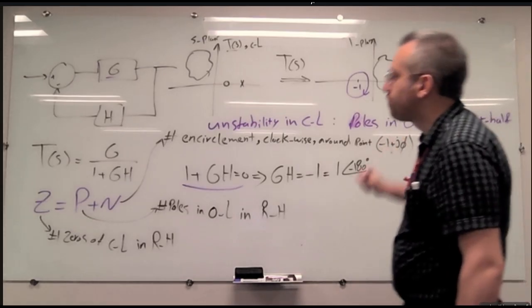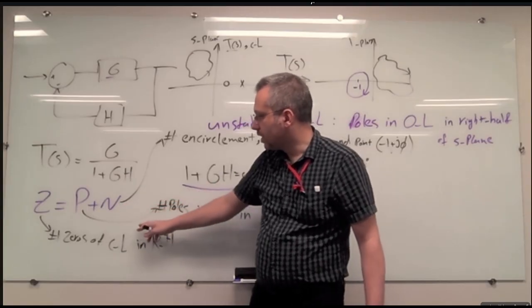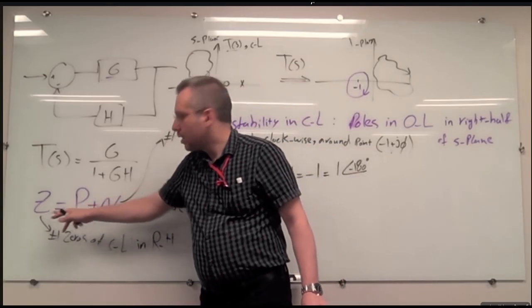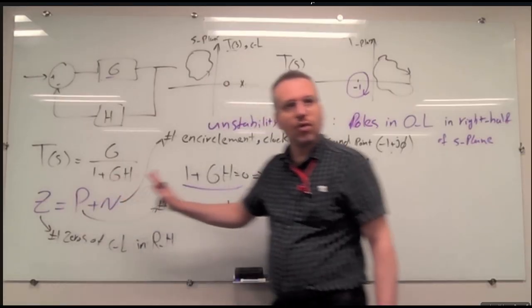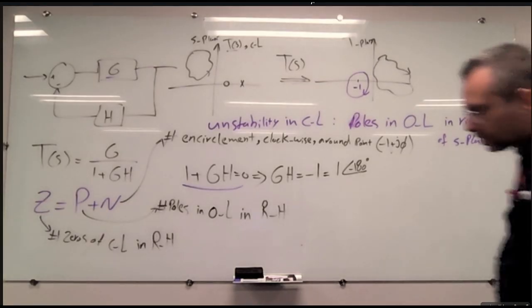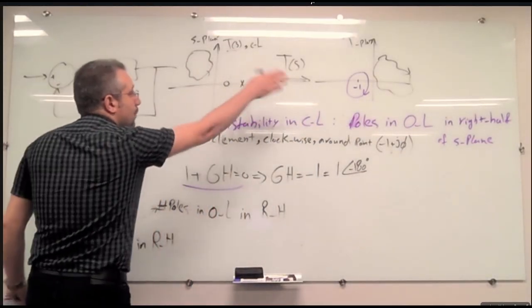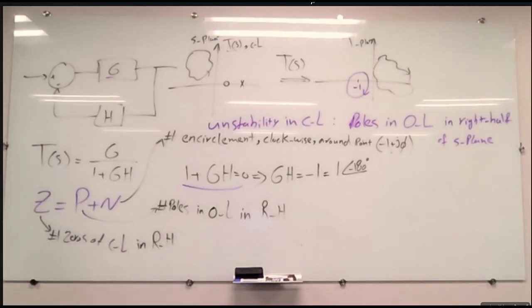As you can see, we only care about the zeros and poles in the right half side of our plane. That means we can simplify this contour mapping, and only consider the contours that include the right half side of our S-domain plane.